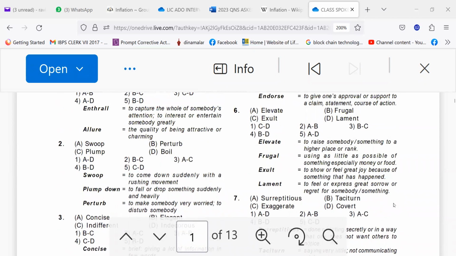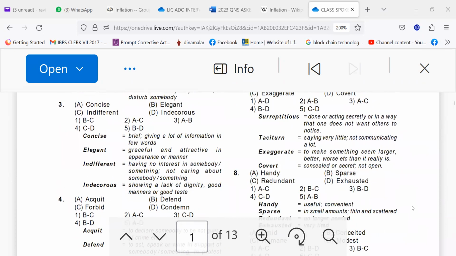Surreptitious, taciturn. Question 8, you told, sir. Handy, spares, redundant, exhausted. Sir, over. Good.